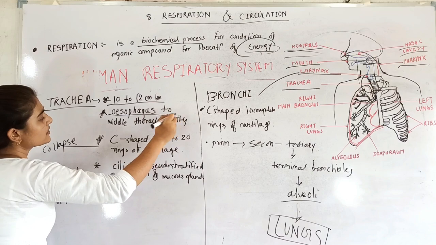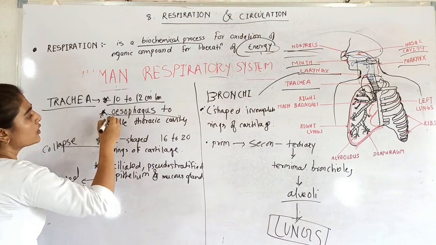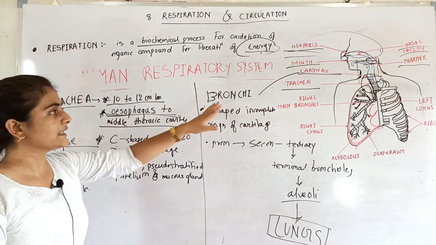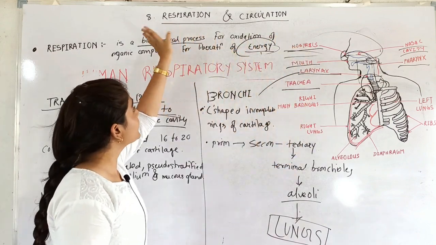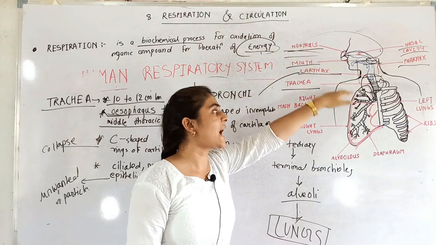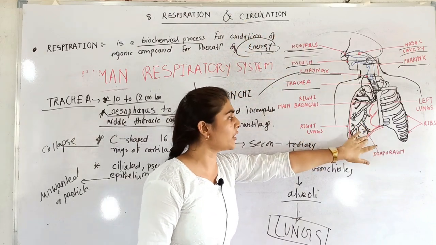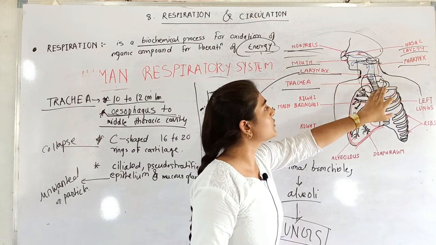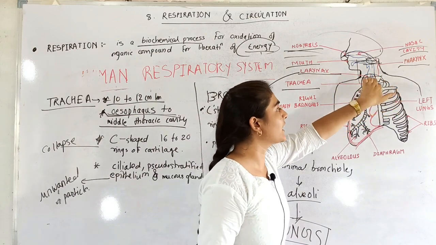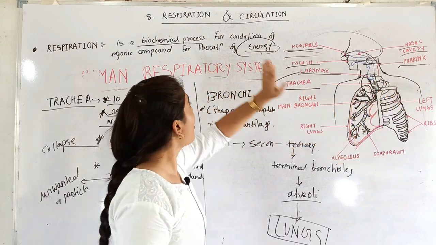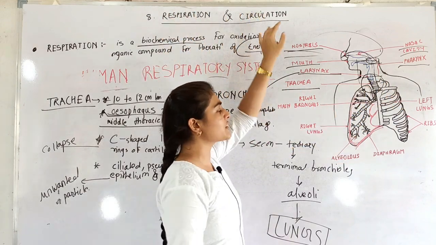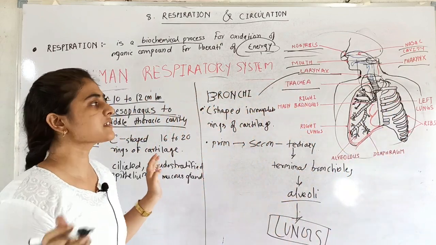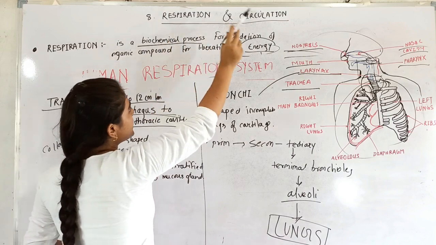It lies from the esophagus to the middle of the thoracic cavity. I mentioned before that this system, either respiration or circulation, lies in the thoracic cavity of the human body. Then our major part of respiration and circulation is the lungs. We can say that the lungs are a link between respiration and circulation.